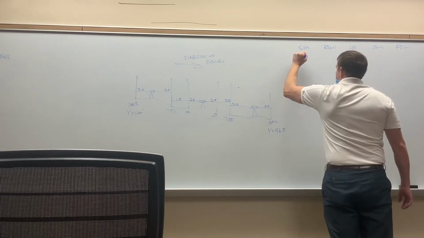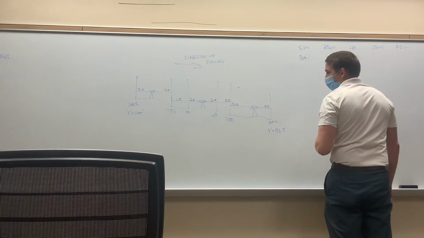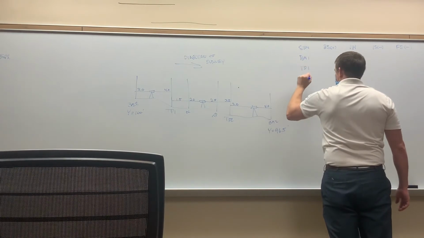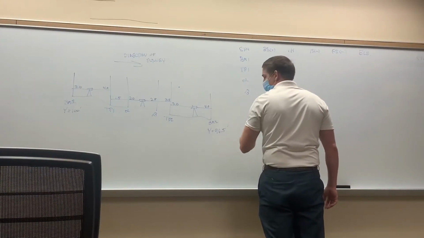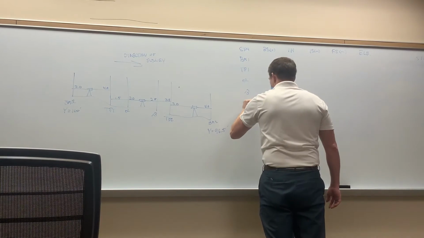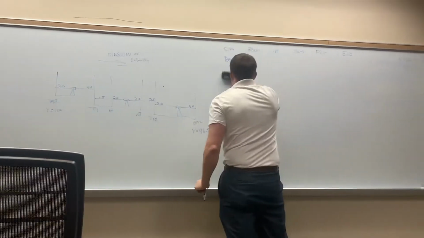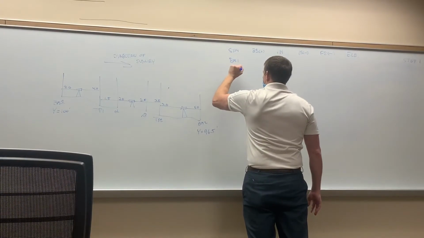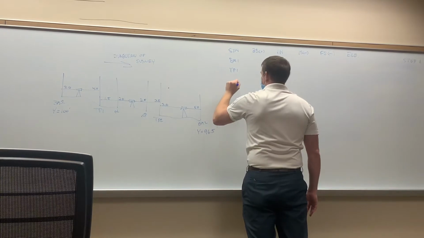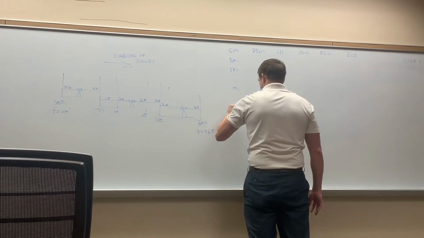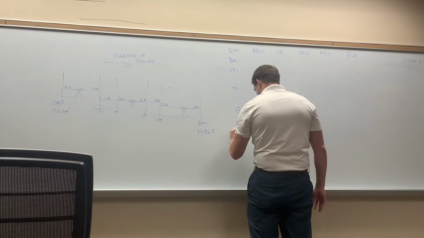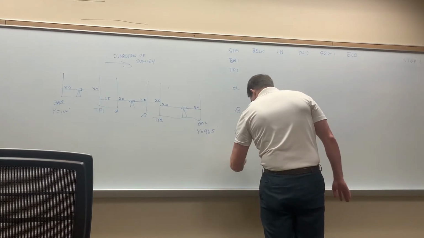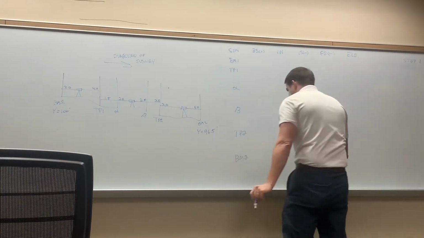We'll go BM1, then we'll go 20.1, alpha, beta, turning point, 2, and then we'll go benchmark 2. Okay?